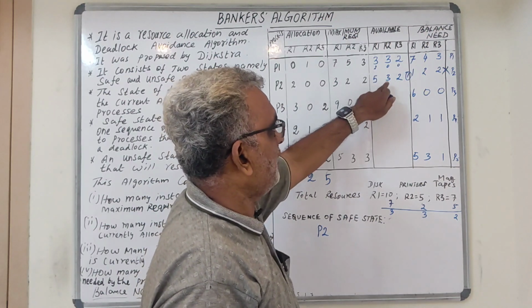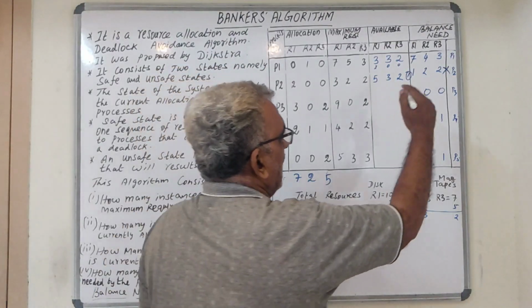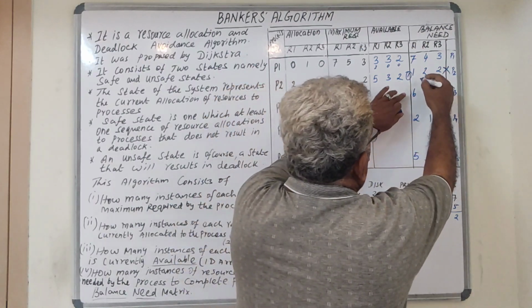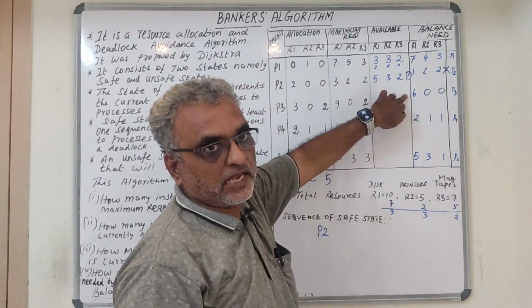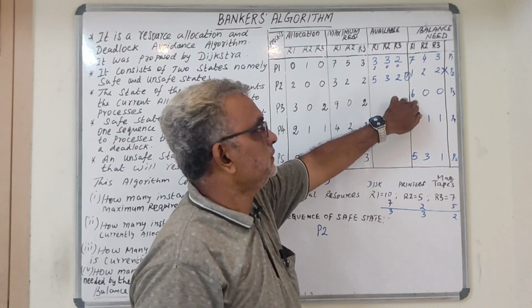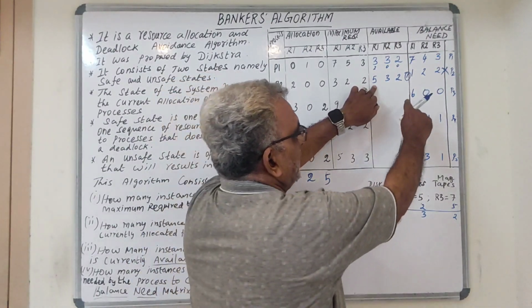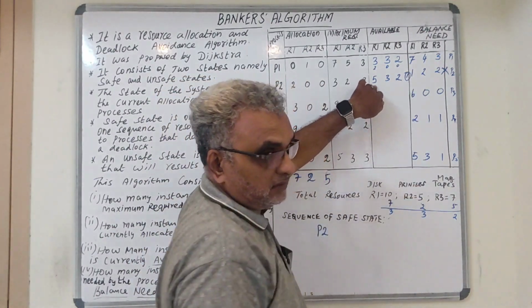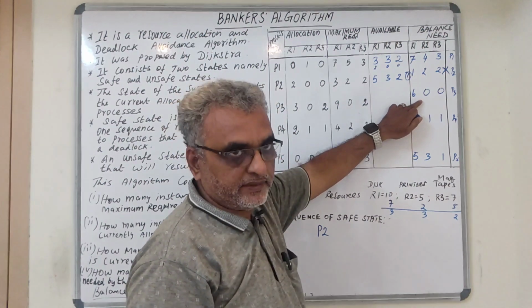So now we have 5, 3, 2. After finishing this, now we move on to the next process, that is P3. P3 requires 6 instances of resource 1, but we have only 5 here. So we cannot provide the resources to process P3.